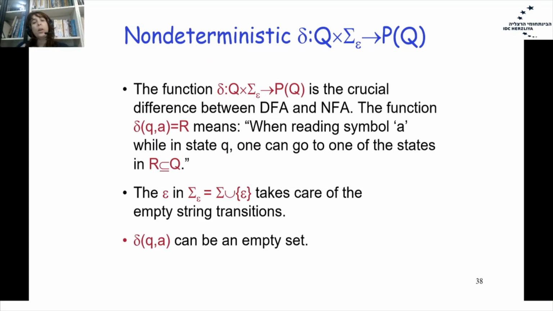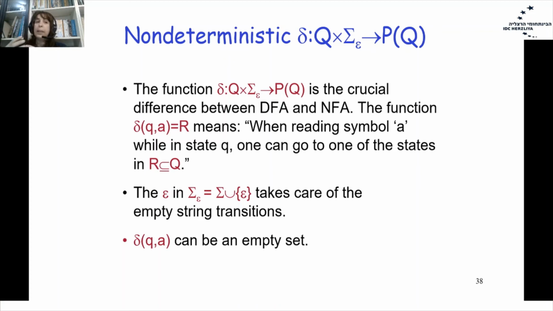So we are talking about the power set of Q. That means that delta of Q and A equals R, where R can be a subset of Q. An additional change is that we are talking about the alphabet sigma with index epsilon. So epsilon is actually added to our alphabet. The new alphabet is sigma, the previous alphabet, union with epsilon.